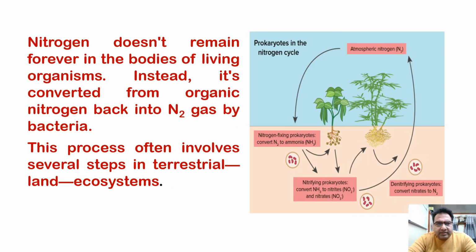And nitrogen does not remain forever in the bodies of living organisms. Instead, it is converted from organic nitrogen back to nitrogen gas by bacteria. These nitrogenous compounds from dead organisms or waste are converted into ammonia by bacteria, and the ammonia is converted into nitrites and nitrates.